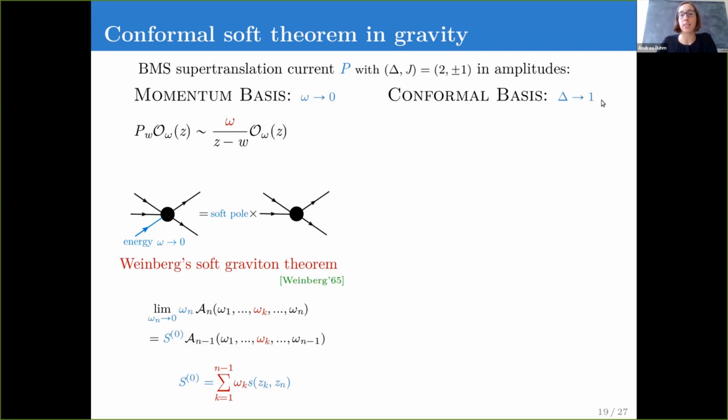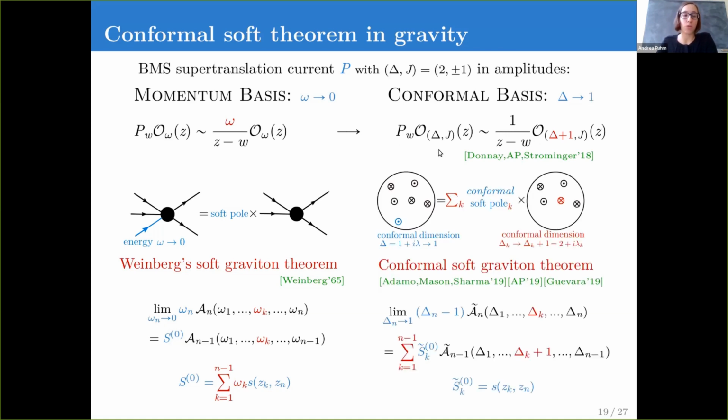So here, instead of the energetically soft limit, we should take the conformal soft limit of delta going to 1. And the first thing to notice is that the explicit appearance of this factor of energy in the OPE with the supertranslation current gets mapped to a shift in the conformal dimension of the operator in the conformal basis. And this means that the conformal soft graviton theorem in this new basis has now, in the lower point amplitudes, a shift in the kth conformal dimension.